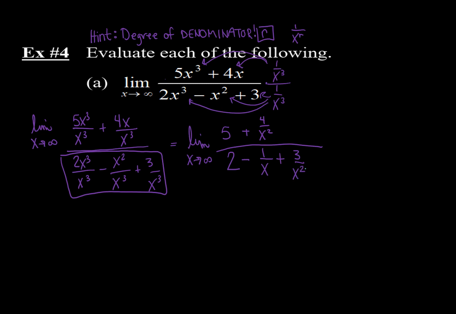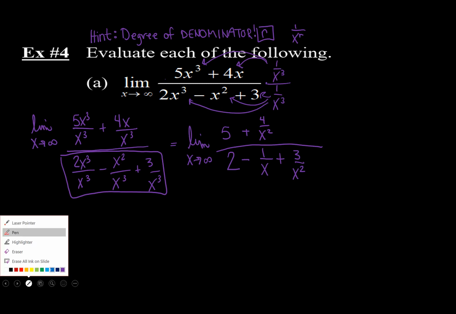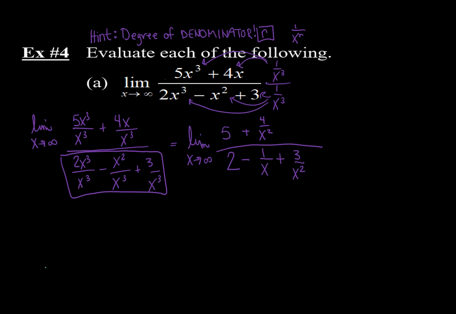Okay. So after I've simplified it, I've got this neat little thing. Well, notice what happens. If I plug in infinity now for these pieces, this would be like saying 4 over infinity.